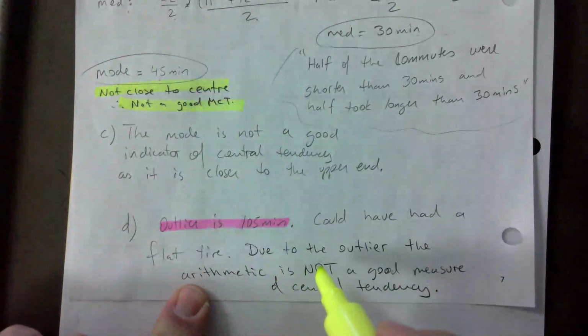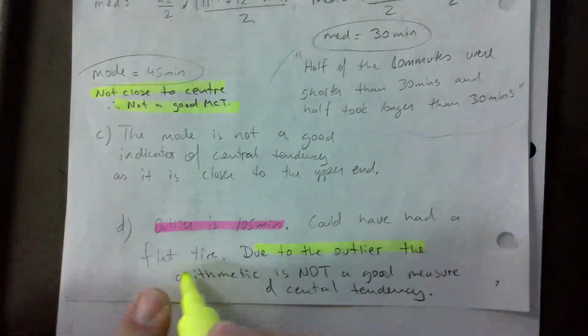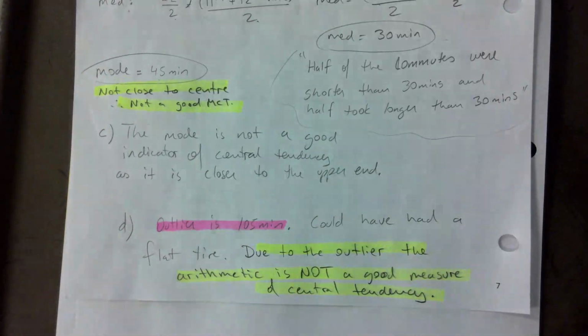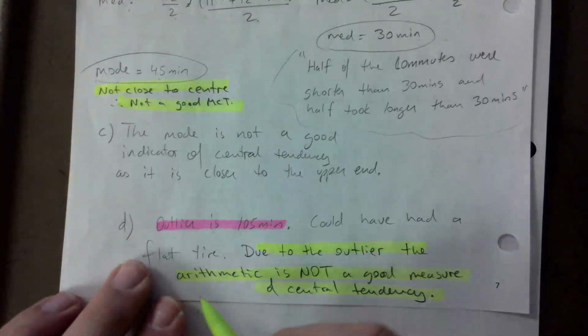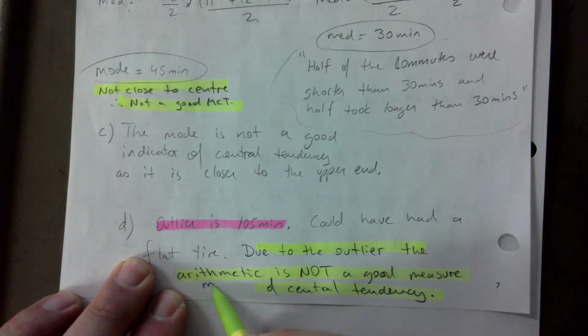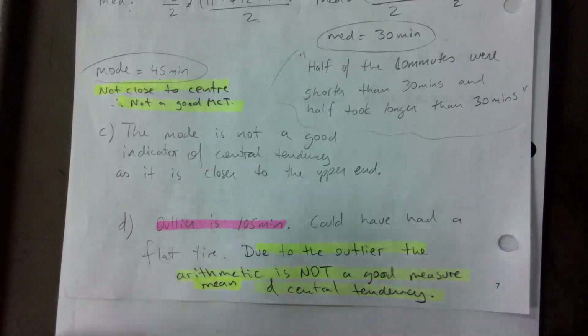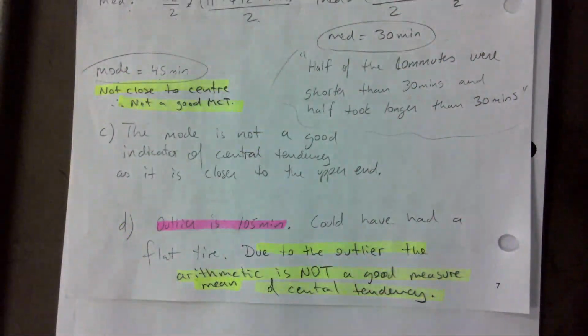Not close to the center, not a good MCT. Due to the outlier, the arithmetic mean is not a good measure of central tendency. I meant to say arithmetic mean. Sorry, I'm a little off. I'm still waking up, I guess. It's not a good measure of central tendency.